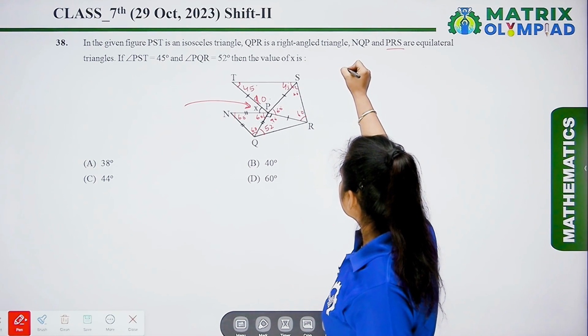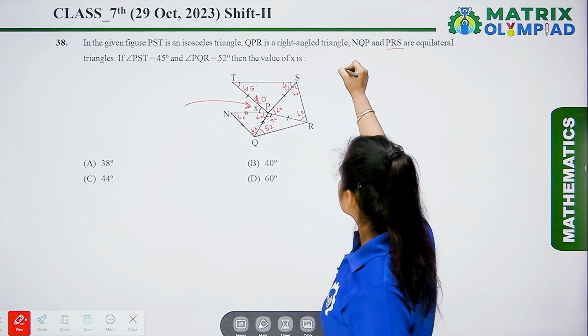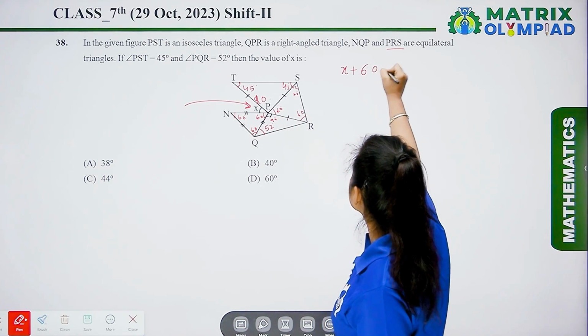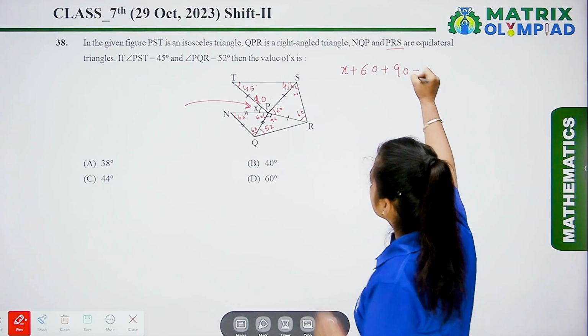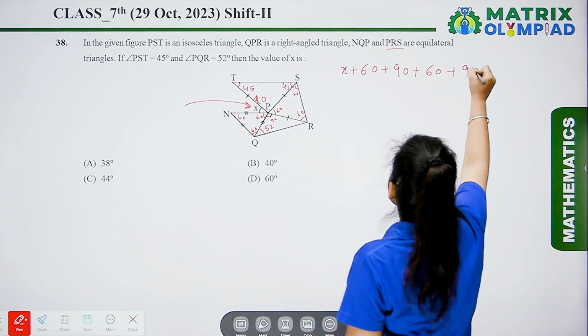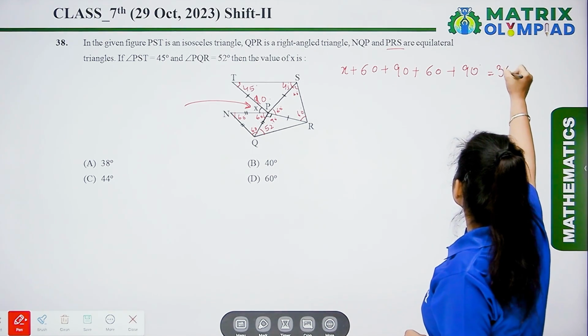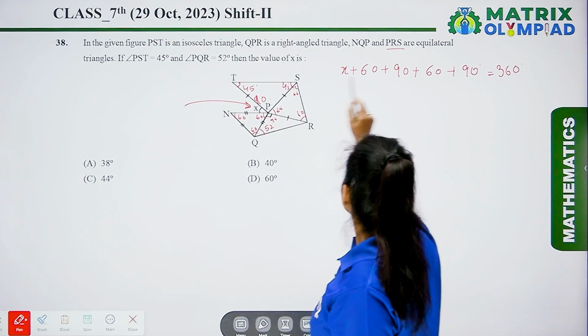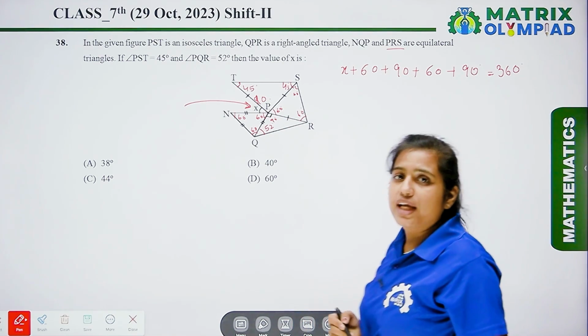So according to the complete angle, to find out the value of X, what are we going to do? We will add them all. X plus 60 plus 90 plus 60 plus 90 equal to 360 degrees. So these are the 5 angles.